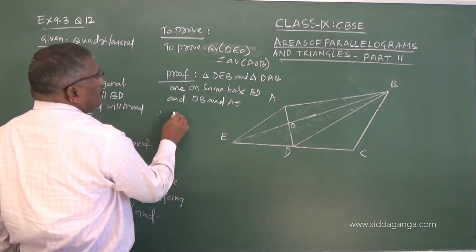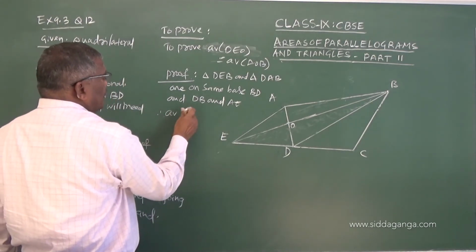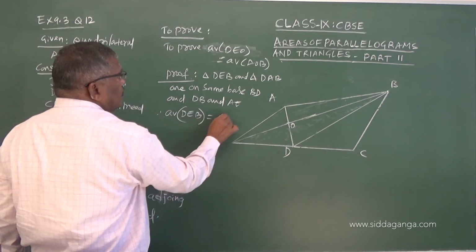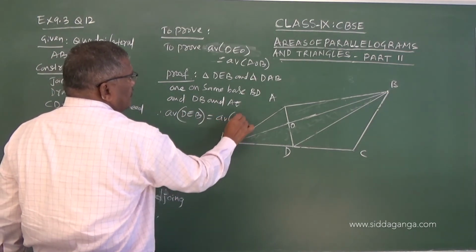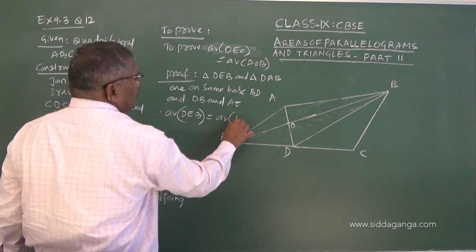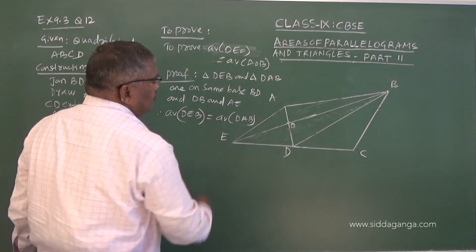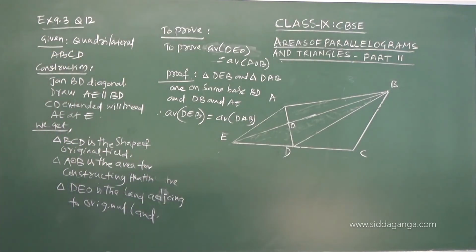So, therefore, area DEB is equal to area DAB.